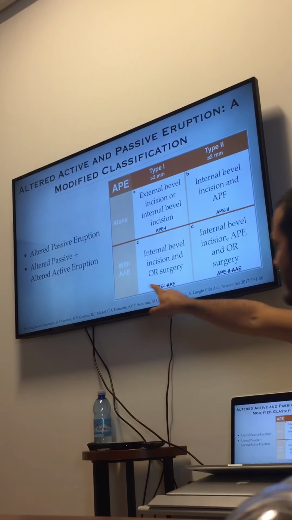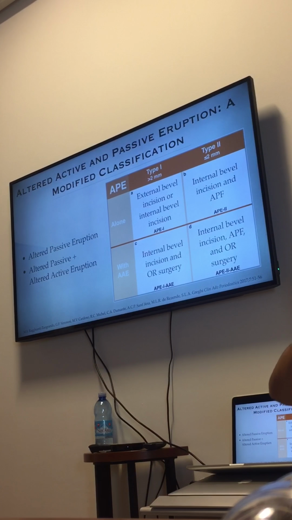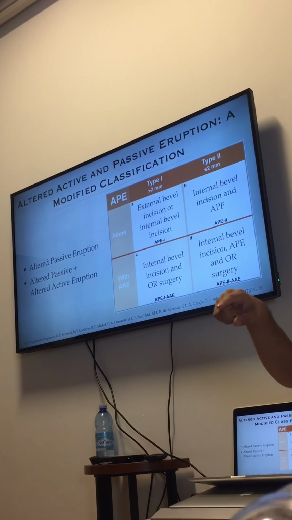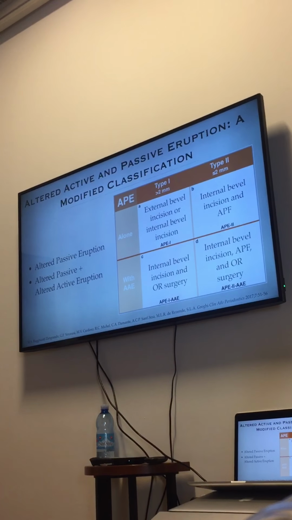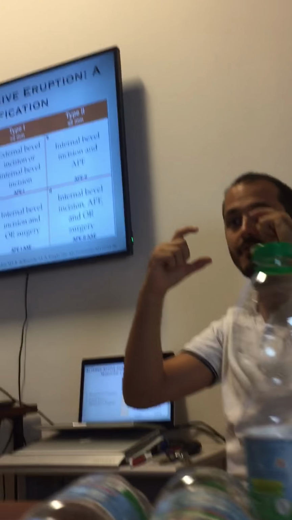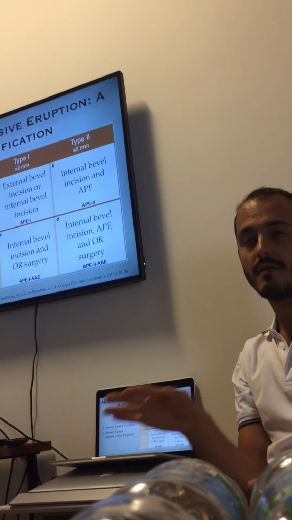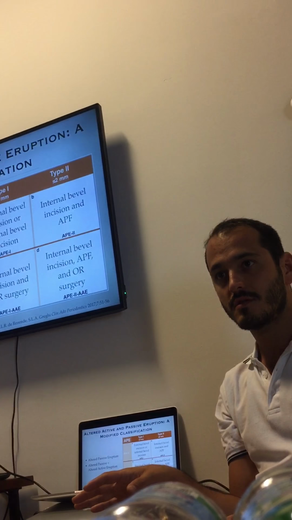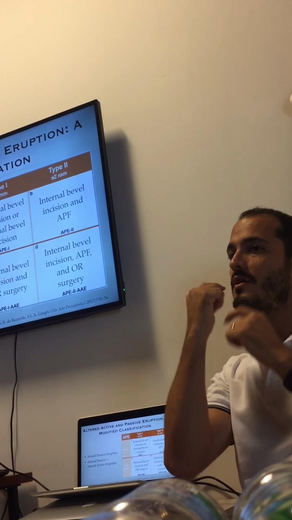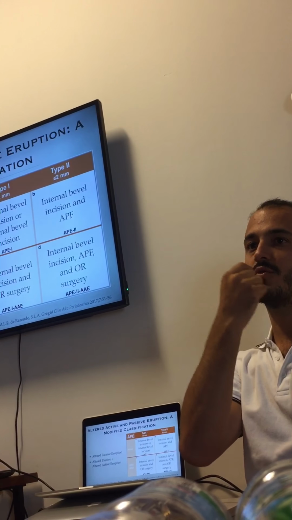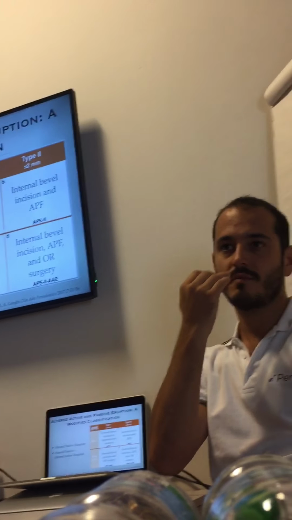In this case, you do your paramarginal incisions, and you do them on the basis of the length of the tooth that you decided with the lab technician or the prosthodontist. So you mark where the tooth has to finish, basically.